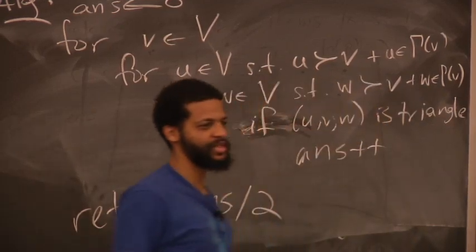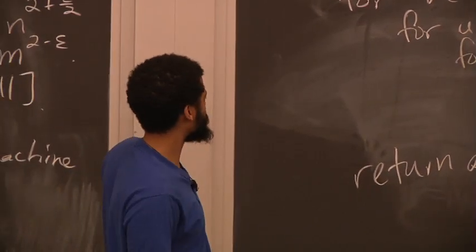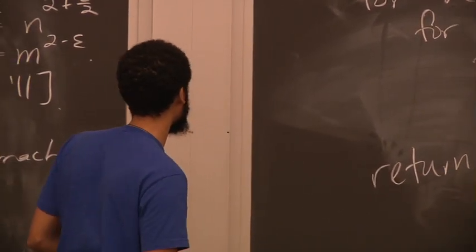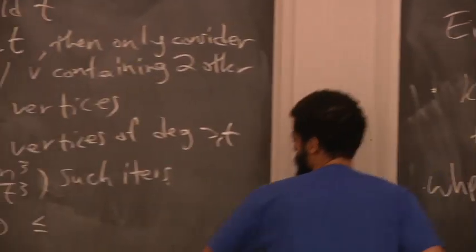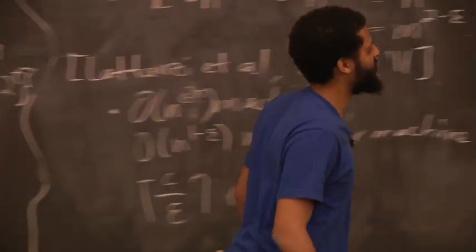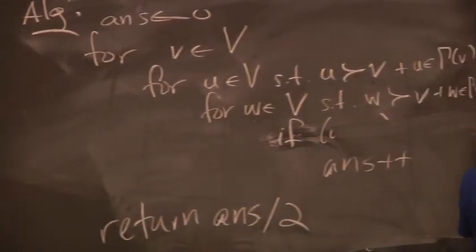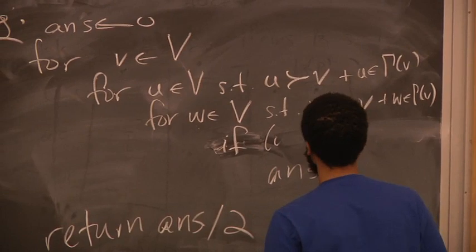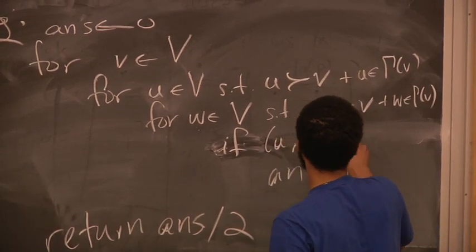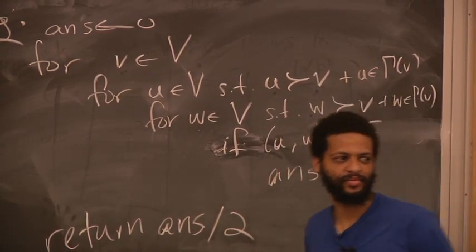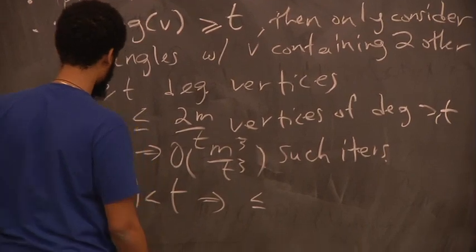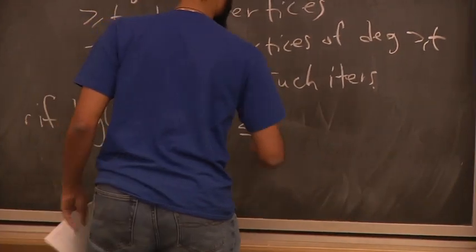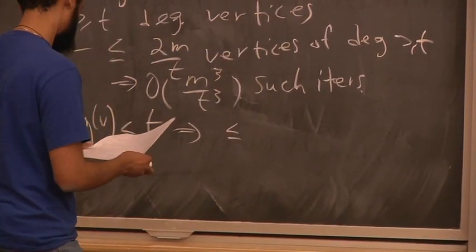I only have to loop over neighbors. So really, the only thing I really need to check is that UW is an edge. Almost t squared time.